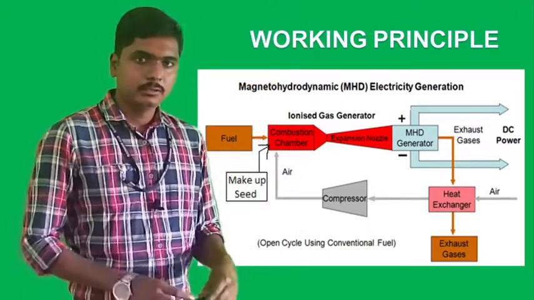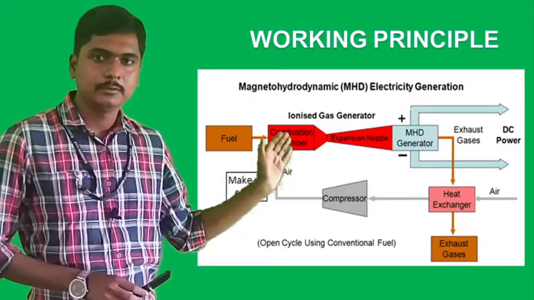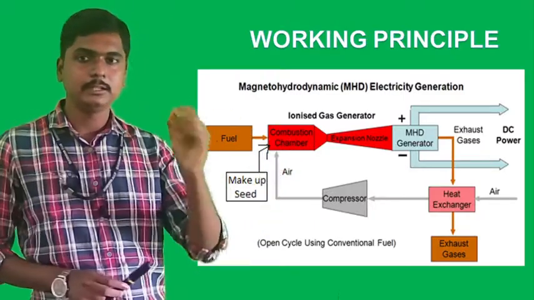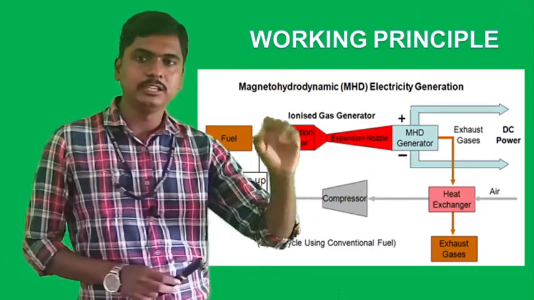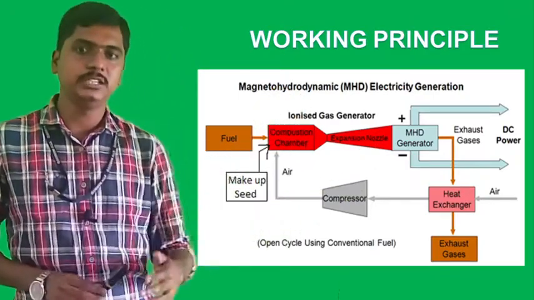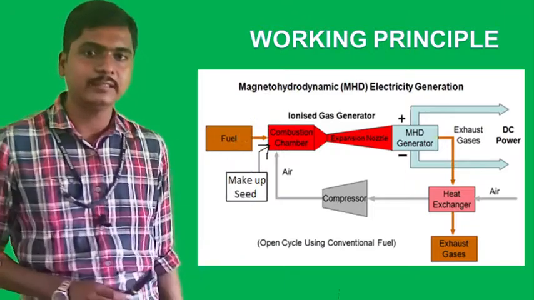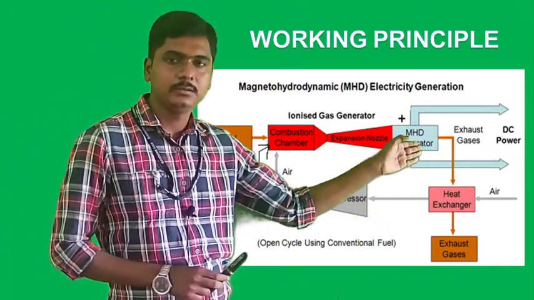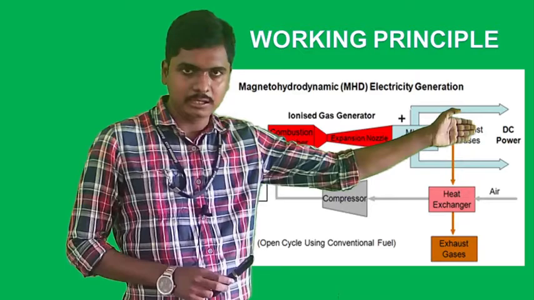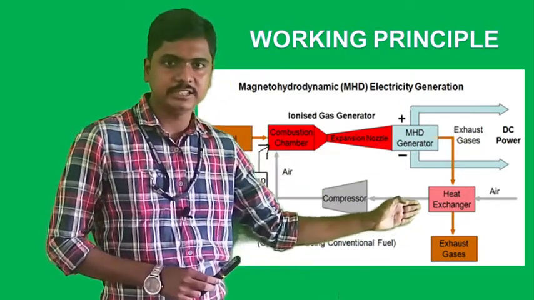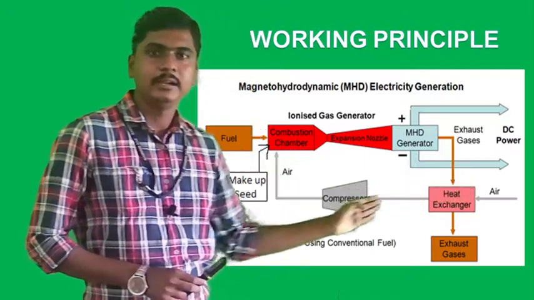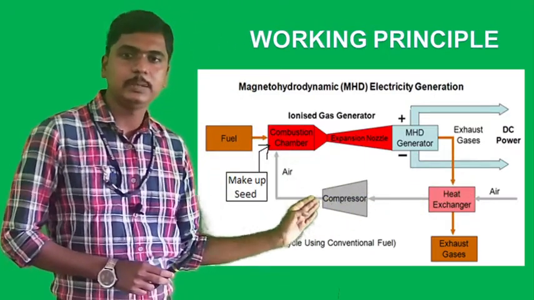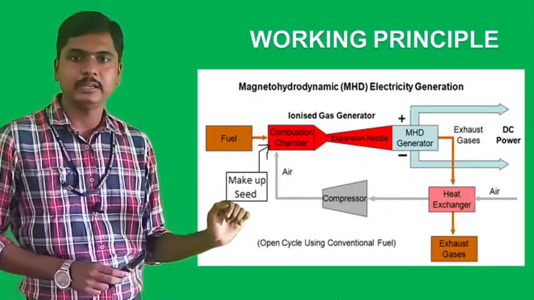Clear? So you have to remember the path. We need a combustion chamber to get thermal energy. We need an expansion nozzle to increase the kinetic energy, or to increase the velocity of the gas. MHD generator to produce electricity. Heat exchanger to increase the temperature of the atmospheric air, and compressor to increase the pressure of the atmospheric air.